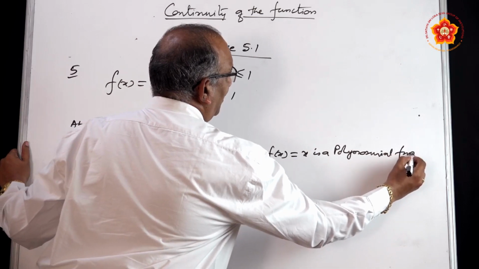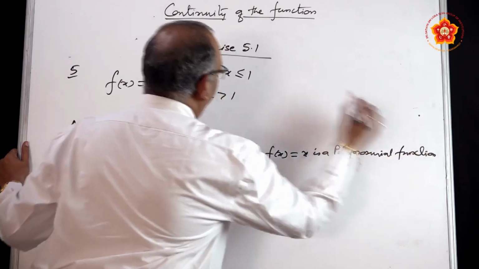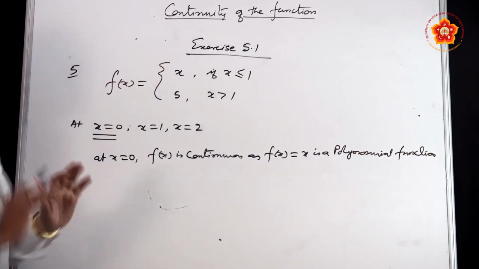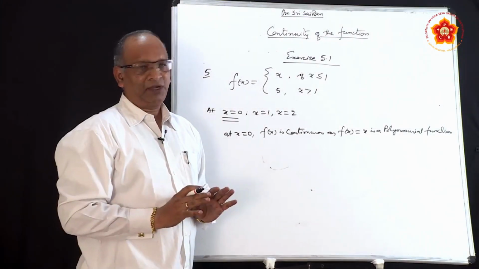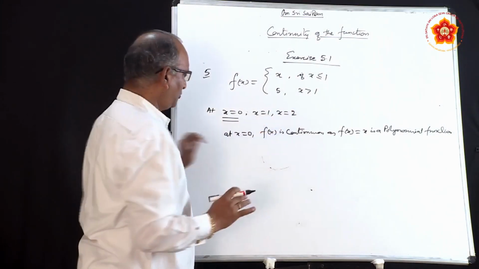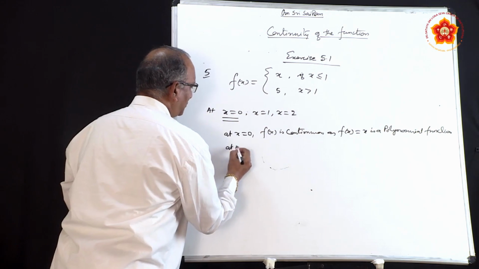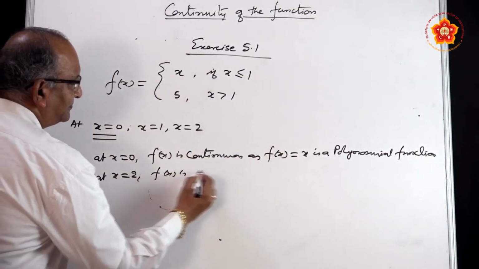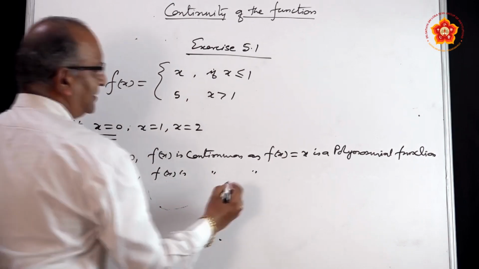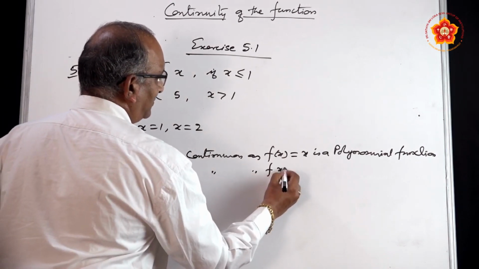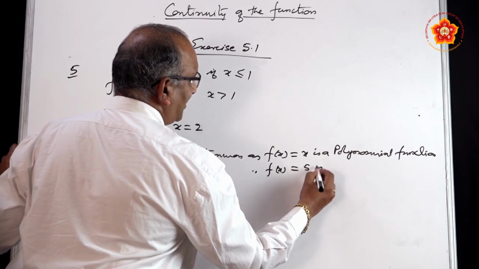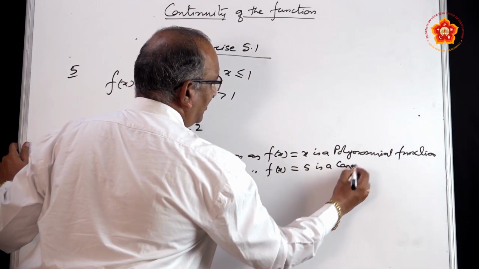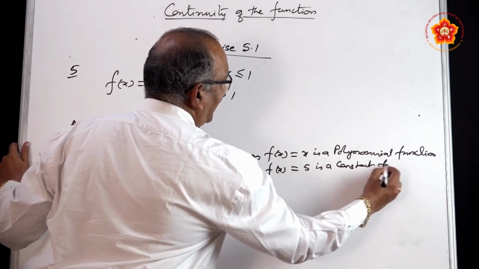Since it is a polynomial function, in the given interval it is going to be continuous, you do not need to verify. Come to the third point, x equal to 2. At x equal to 2, also f(x) is continuous, as f(x) equal to 5 is a constant function. All constant functions are continuous.